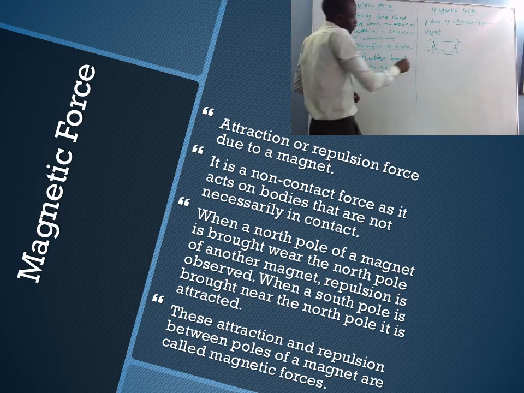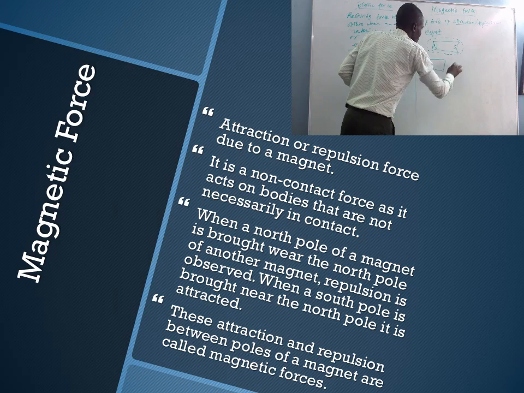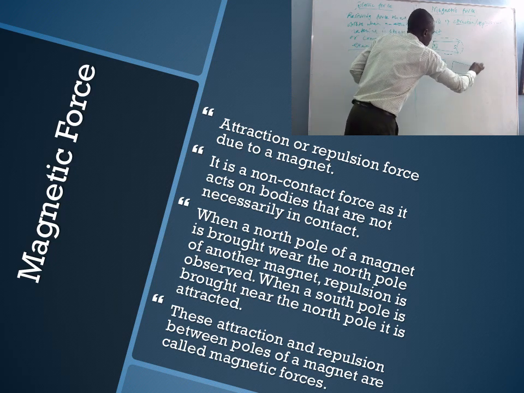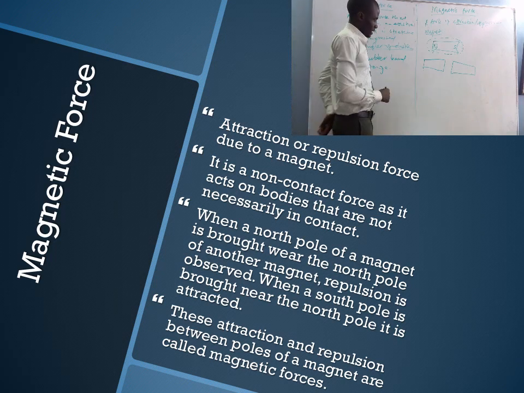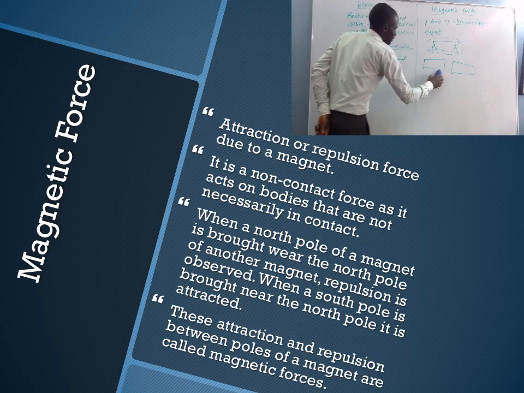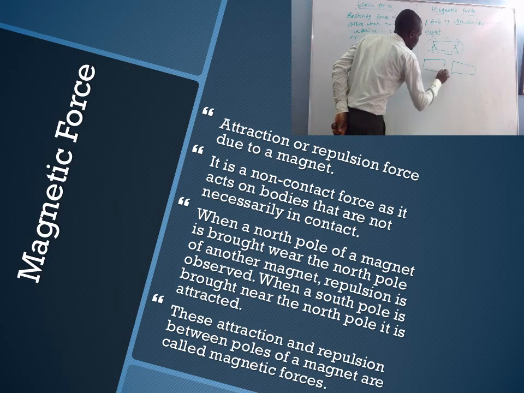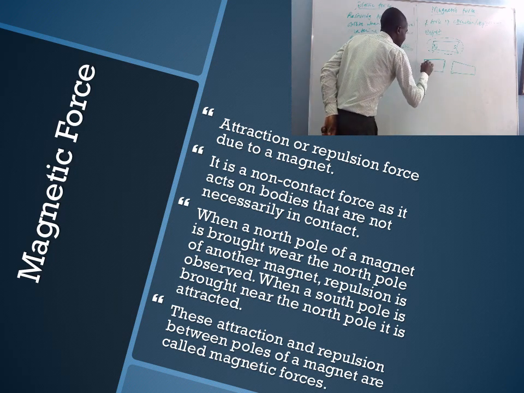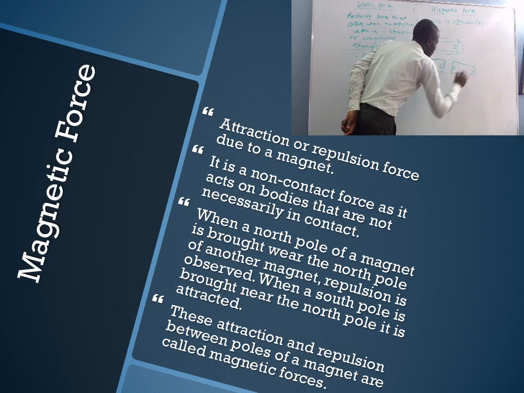So what happens now if we have two bar magnets which are brought closer to each other but not touching? One side is a north pole, the other is a south pole, then this other side is a south pole, the other one is a north pole.